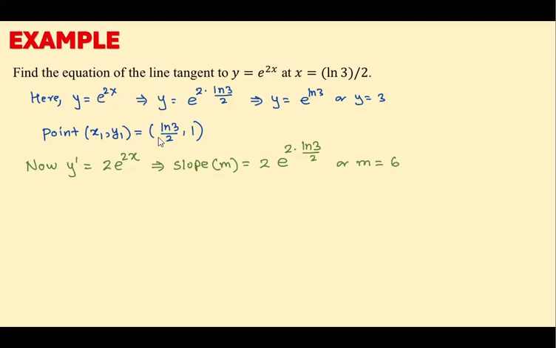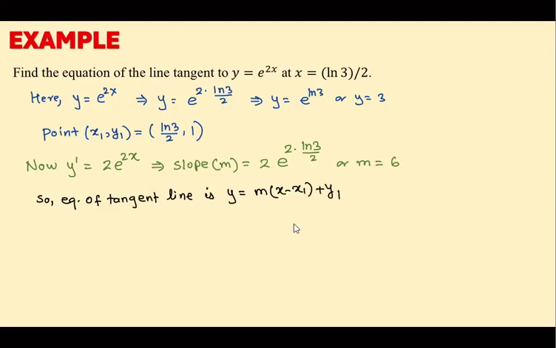So we have the point and we have the slope. Once we have the point and slope, we can easily find the equation of the tangent line. The equation of the tangent line is y equals m times x minus x1 plus y1.